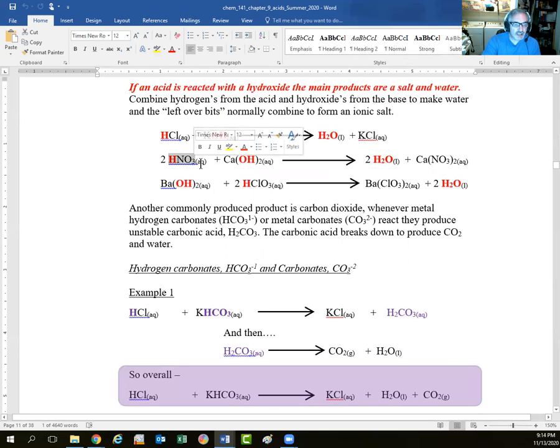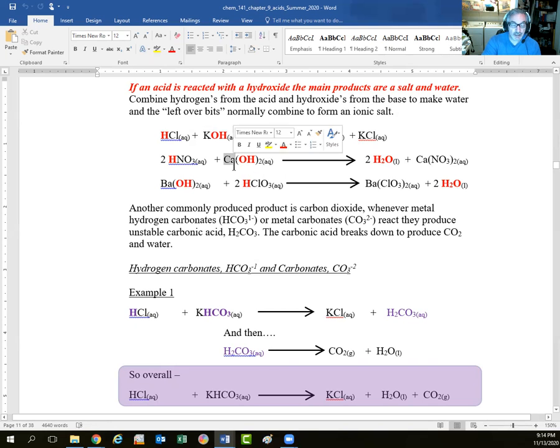Or nitric acid with calcium hydroxide, the hydroxide looking for a hydrogen to form water. There's two of those hydroxide ions, so they're looking for two hydrogens, two protons, so we need a second molecule of the acid to balance the equation. We form two molecules of water, and again the leftover bits come together.